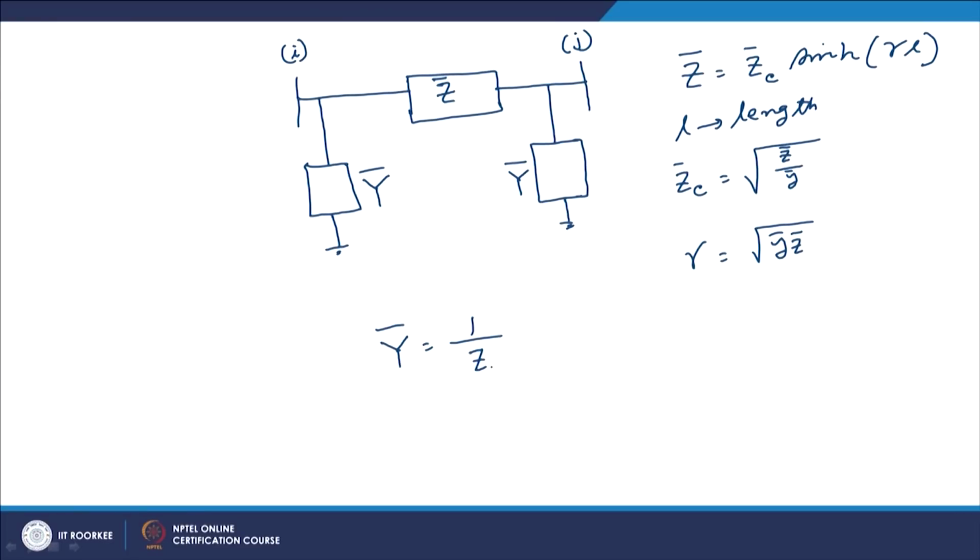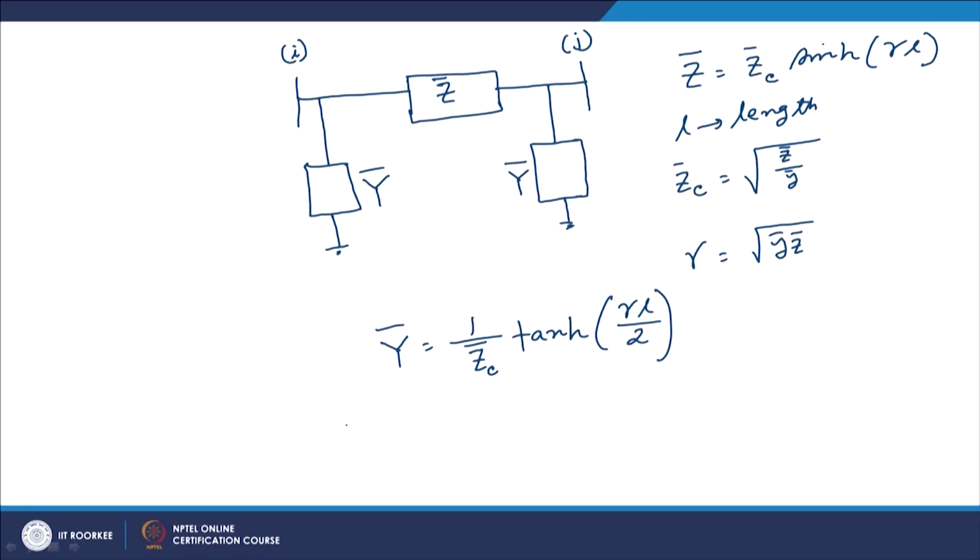So, y is given by 1 by Zc, the same Zc we have just now defined, tanh(gamma L by 2).